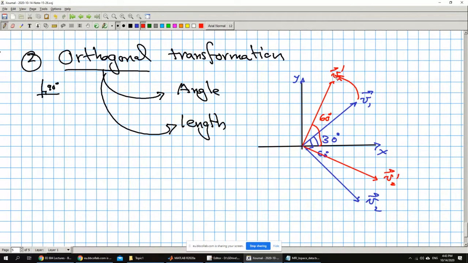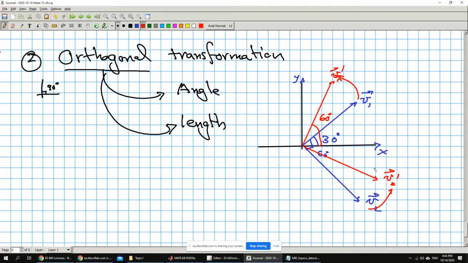This is V1 dash, and this is V2 dash. I rotated this to this by the same angle I rotated this to this. So these two, V1 and V2, were rotated 30 degrees counterclockwise to become V1 dash and V2 dash.